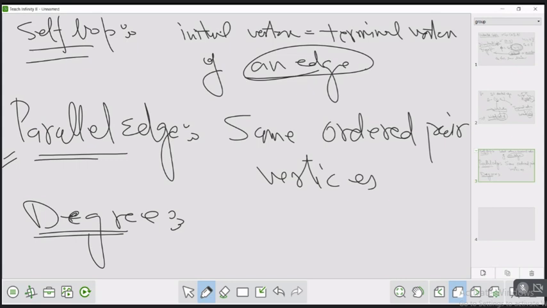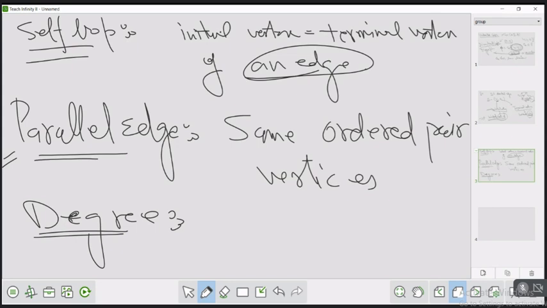Okay. Number of edges incident onto a vertex is called the degree of a vertex. But here in the directed graph, onto is converted into two terms, out of and into. Are you getting my point?